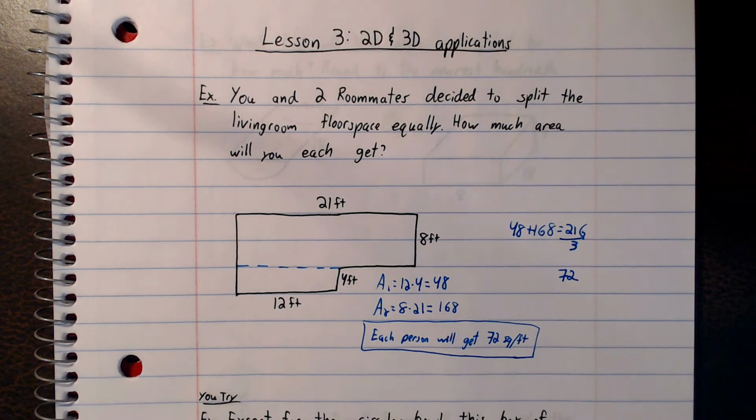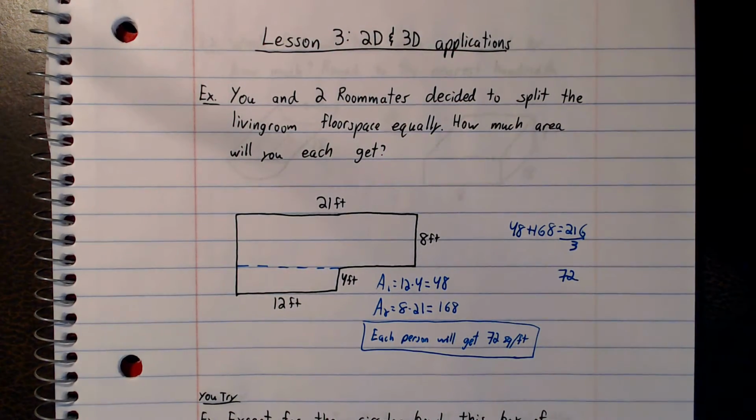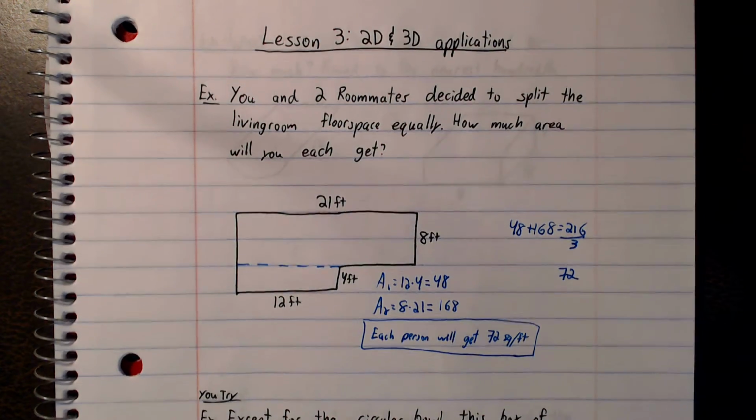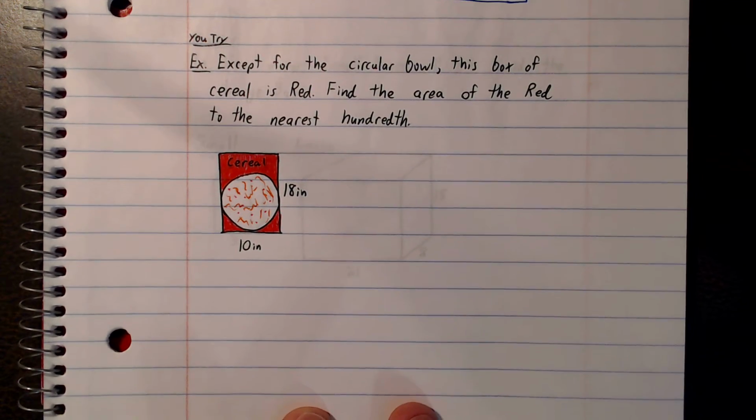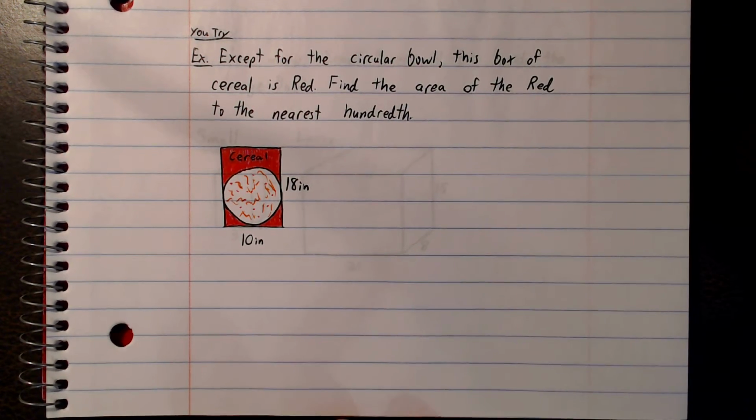Okay? Not a crazy problem. We thought about it. We thought about what were they asking? How do we get there? Okay? All these problems are going to be the same. Take a second, pause the video, really think about the problem, give it a try before you resume.